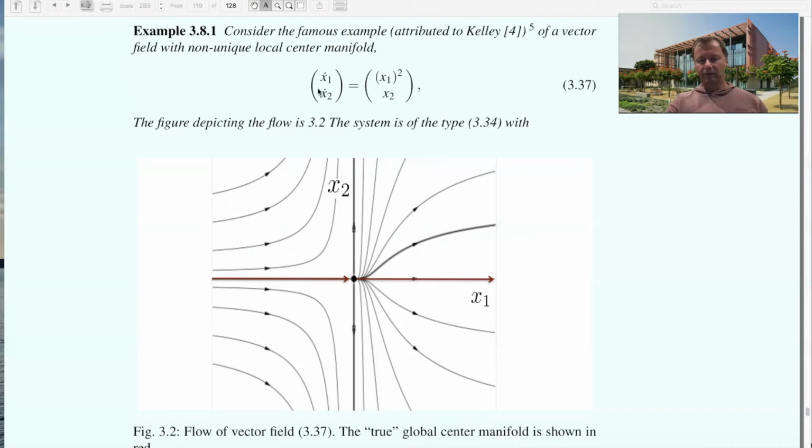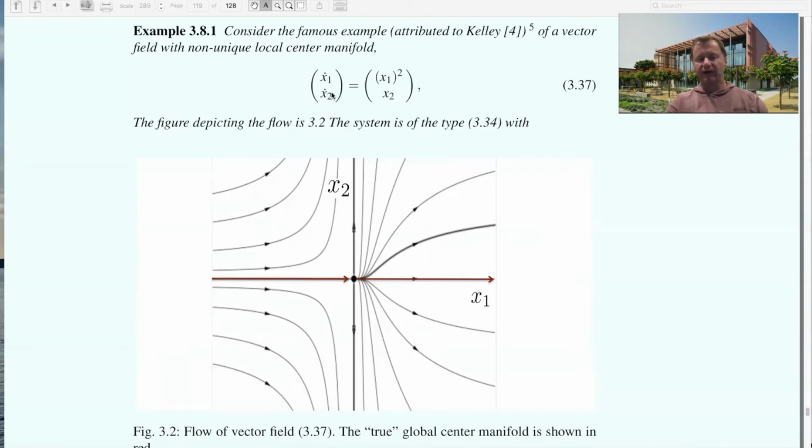Now, the Koopman operator-based theory says that's the global center subspace, and it uniquely satisfies the condition on that global center subspace because it doesn't have any exponential part of evolution on it. And so the Koopman eigenfunction x2, note x2 dot is x2.